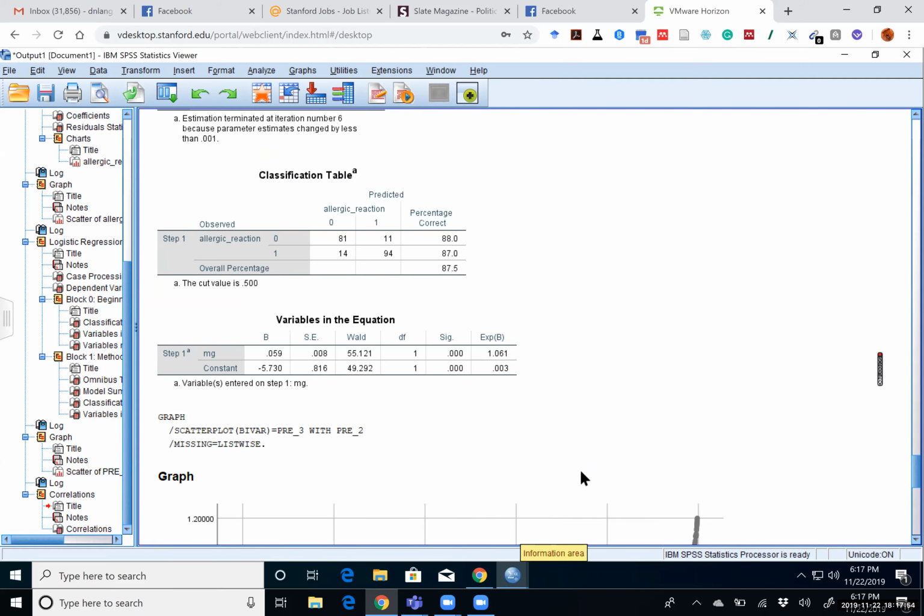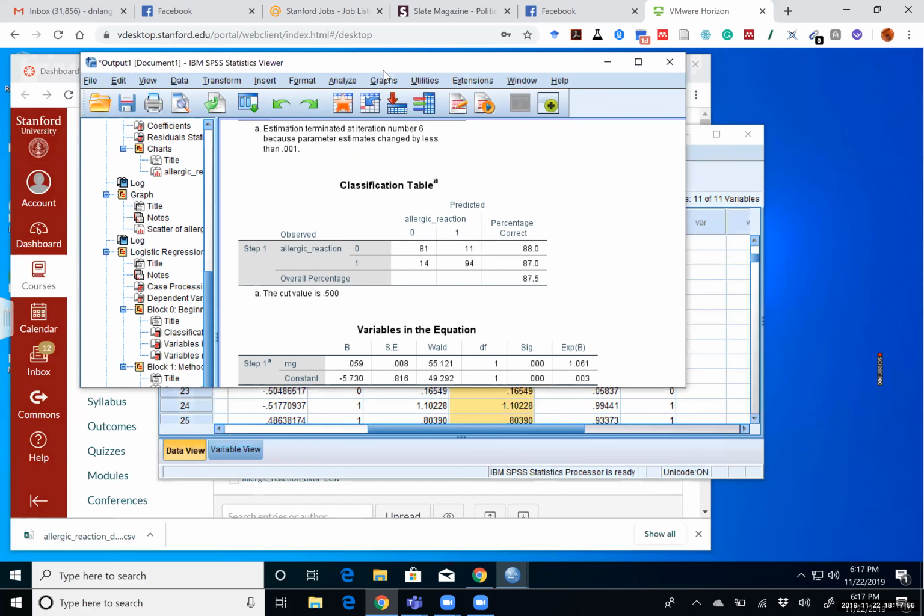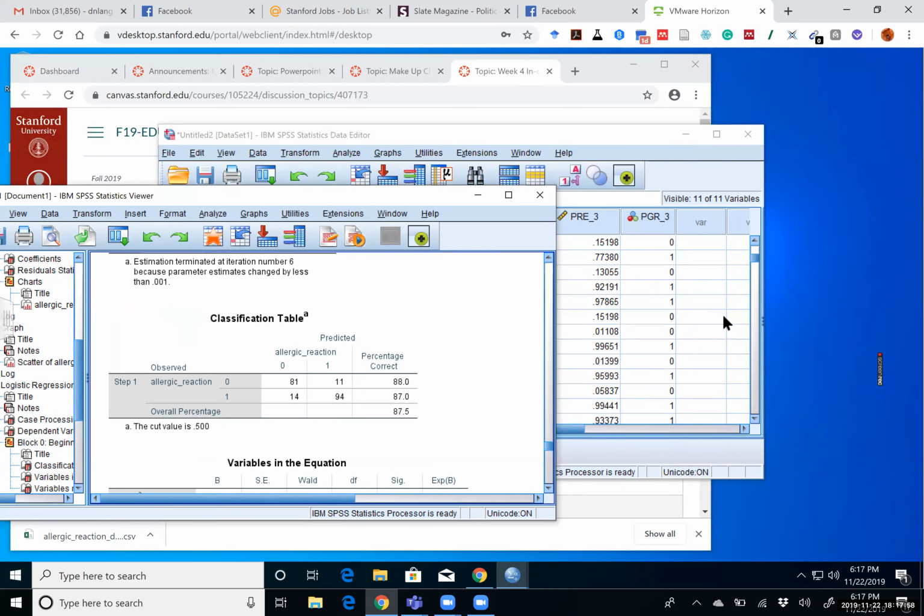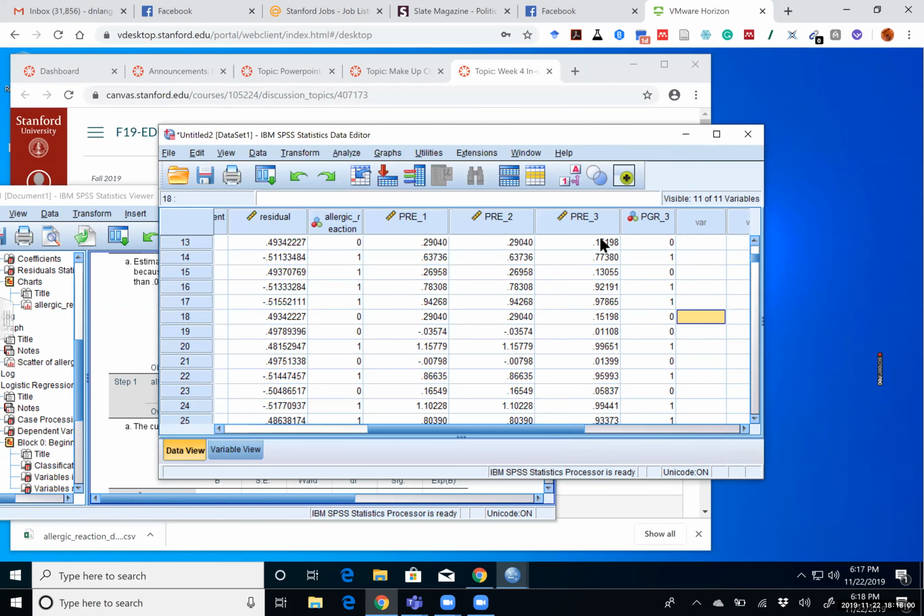So what I want to show you here is when we generated these predicted probabilities, you have not only the predicted probabilities, but the predicted group status. And you can see that the rule for whether or not something is a 0 or a 1 is based on the threshold of is the predicted probability greater than a half or not.